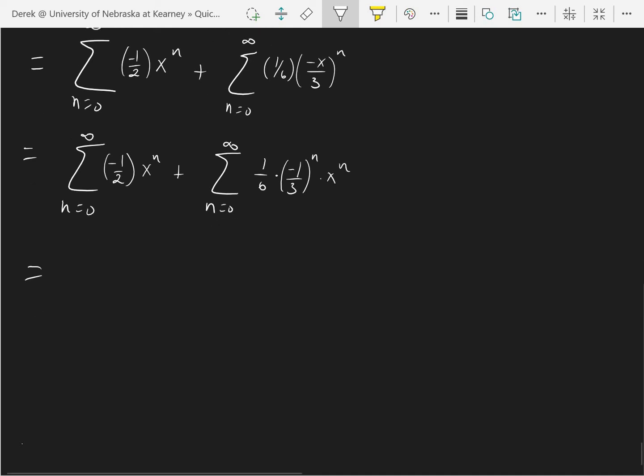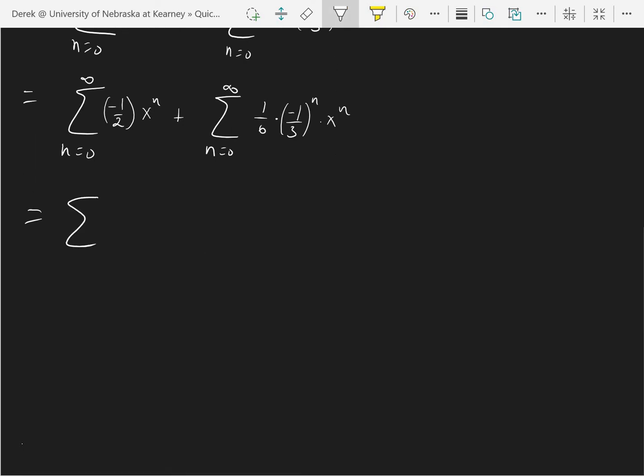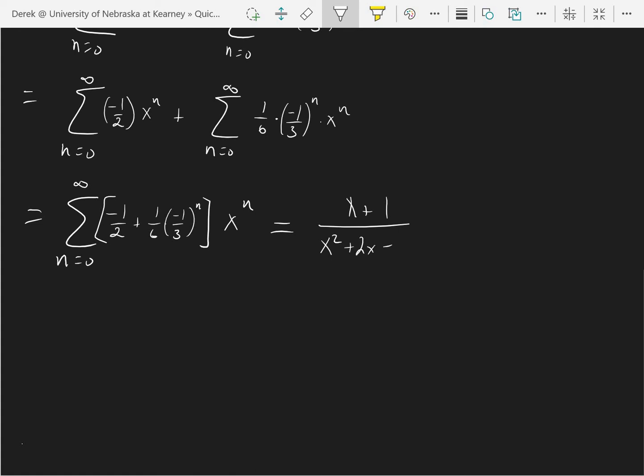So I could rewrite these by combining like terms as the sum from n equals 0 to infinity of negative 1/2 plus 1/6 times negative 1/3 to the n, times x to the n. And that is exactly equal to x plus 1 over, what was it, x squared plus 2x minus 3.